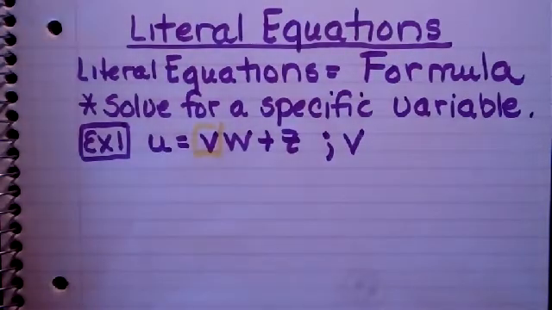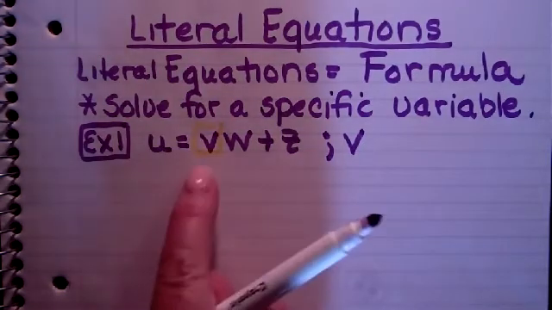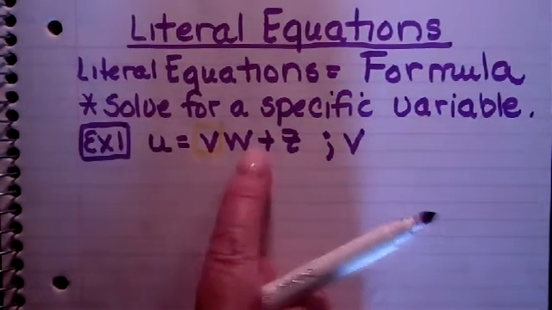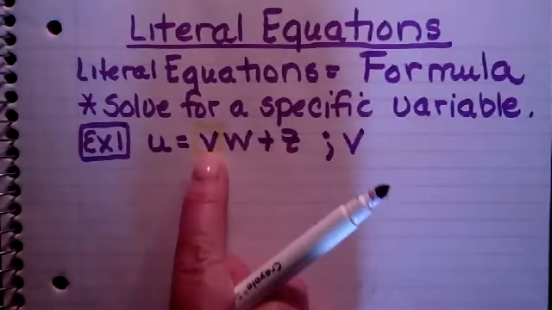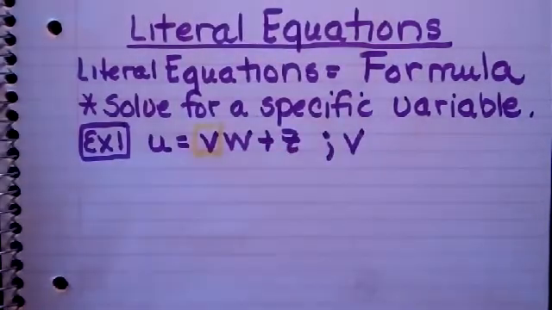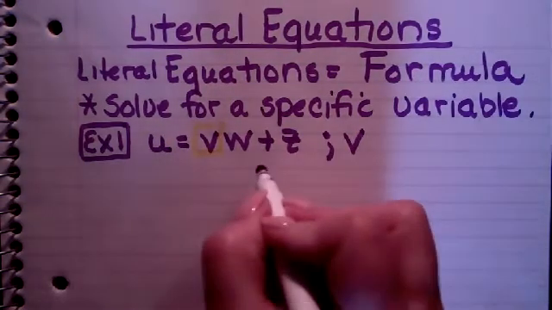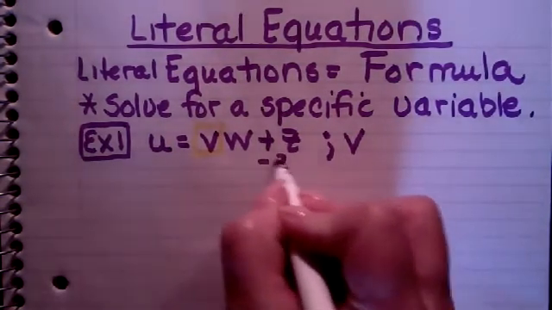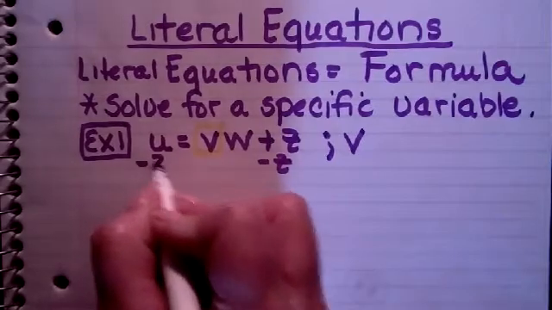Now, I want you to think about this. This is kind of like 2x plus 4 over here. It's V times W plus Z. If I had 2x plus 4, we would say we're going to subtract the 4. Well, we're going to do the same process here, and I'm going to subtract the Z from both sides.